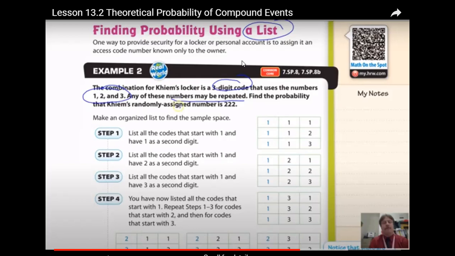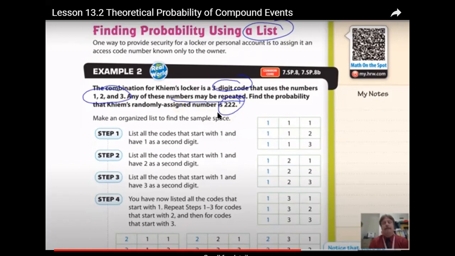We have a 3-digit number using the digits 1, 2, and 3. These digits may be repeated. We want to find the probability that the randomly assigned number is 222.